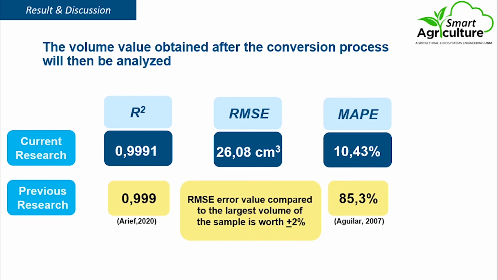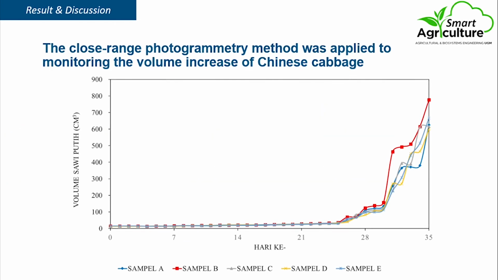So from the calculation, we obtain an R-squared value of 0.9991, root mean square error of 26.08 cm cubed, and mean absolute percentage error of 10.43%. So the close-range photogrammetry method was applied to monitoring the volume increase of Chinese cabbage.